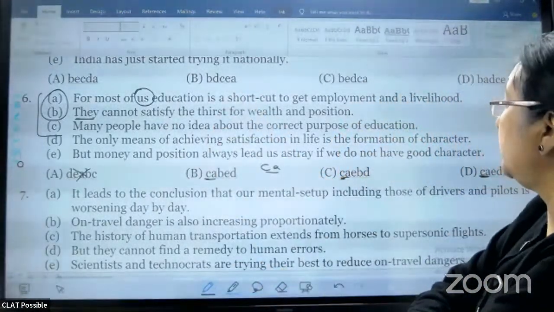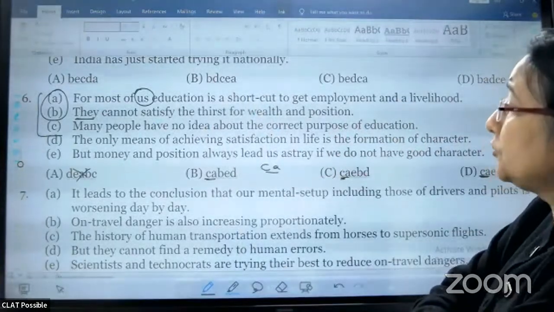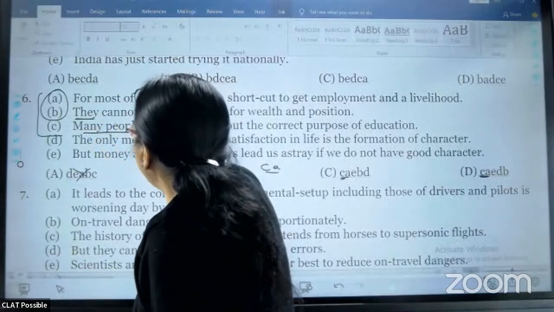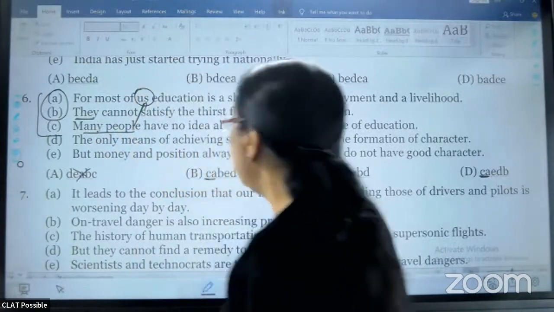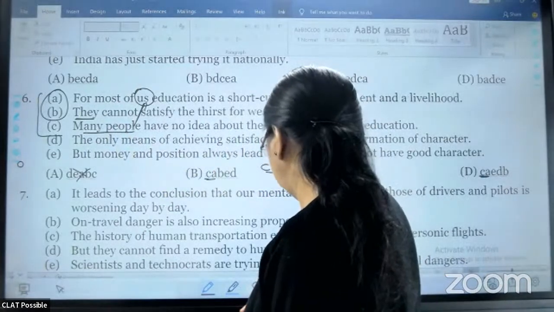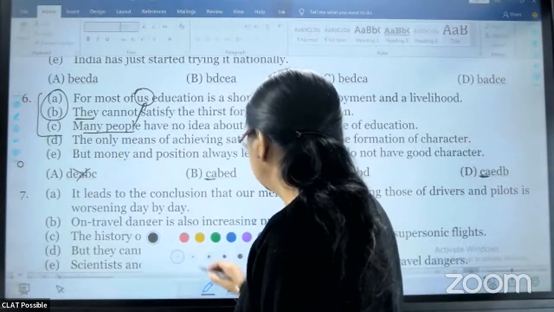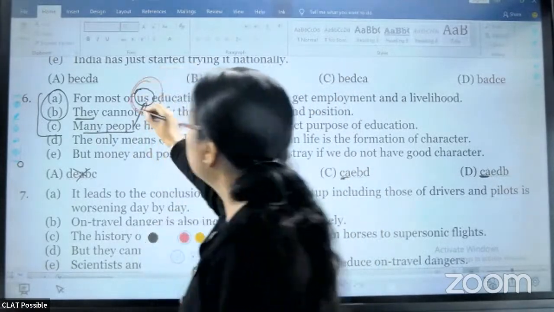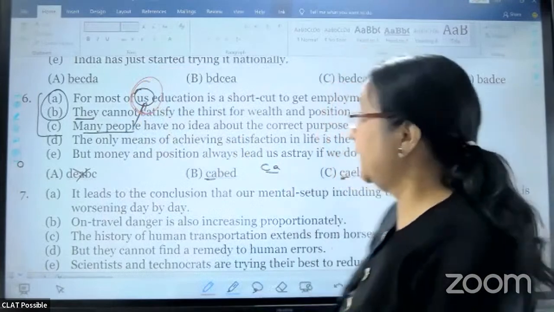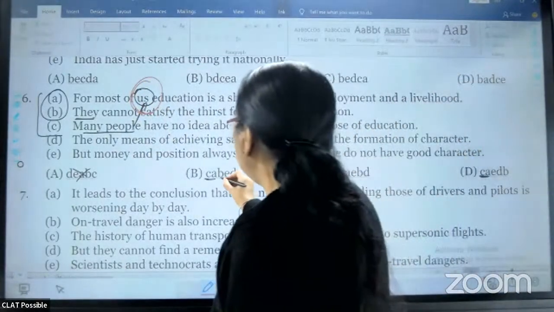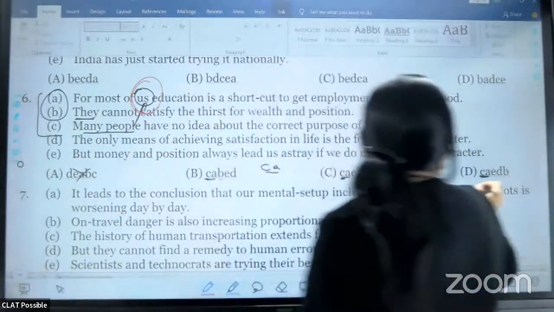Many people have no idea about the correct purpose of education for most of us. See, many people or us, noun to pronoun, noun and pronoun pair is formed. After that, please see whether you'll be able to link B or whether you'll be able to link E.